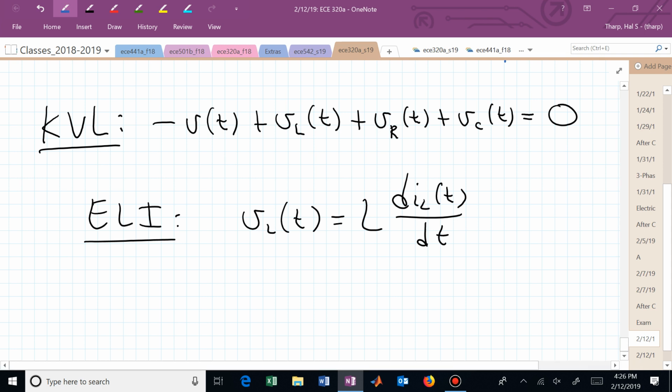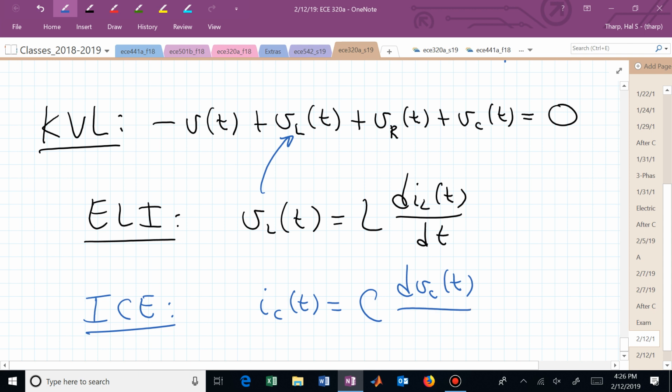Well, there's a way to get rid of that one. And now we have it in terms of the inductor current, which is a good thing. And what about ICE? ICE says that I sub C of t is equal to C dV sub C dt.